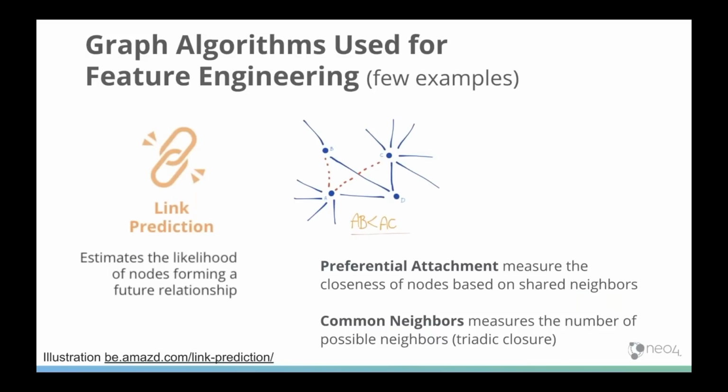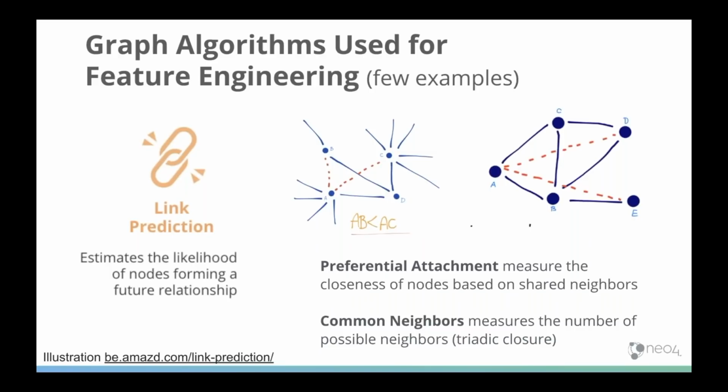Looking at link prediction itself, we used 2 in particular. One, preferential attachment, which measures how close people are based on shared neighbors. What preferential attachment actually does is multiply the number of relationships each node has, and it makes an assumption that if you have a larger surface area of your network, you're more likely to connect in general to any other node.